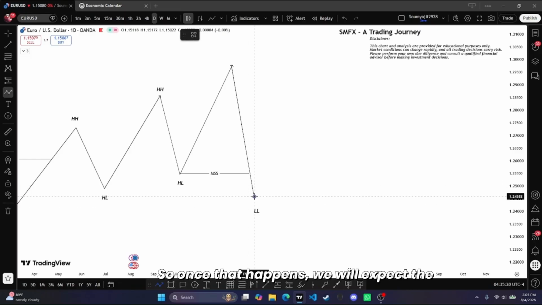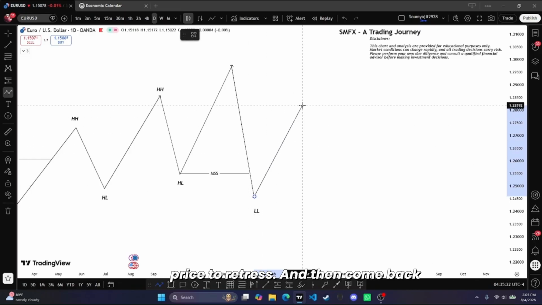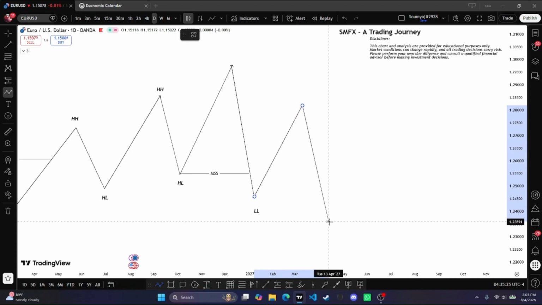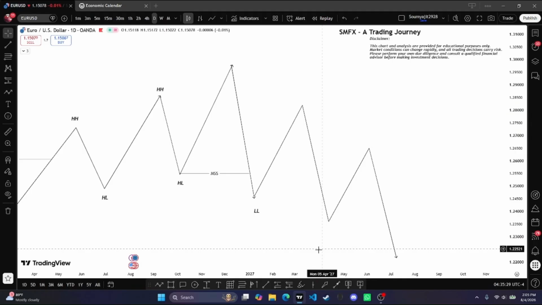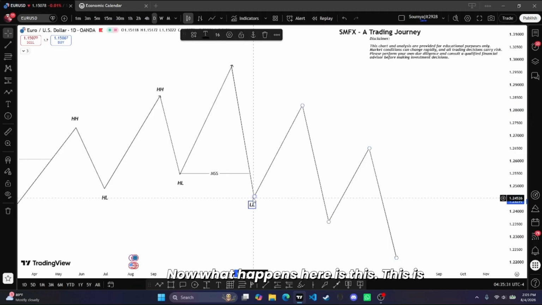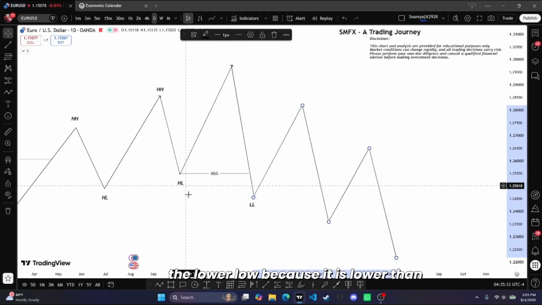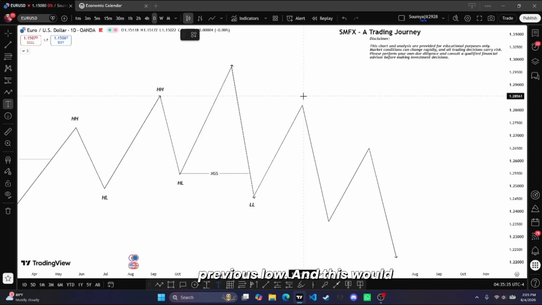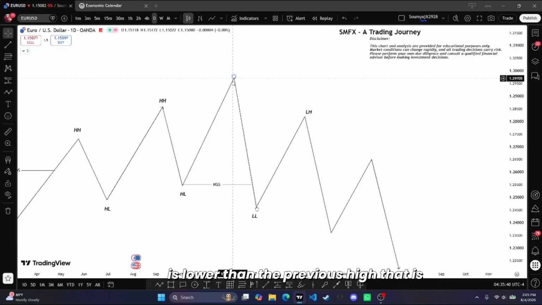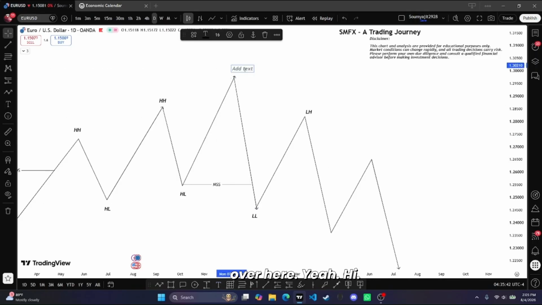So once that happens, we'll expect the price to retrace and then come back down. Now what happens here is this is the lower low because it is lower than the previous low, and this will be a lower high because it is lower than the previous high, that is over here, higher high.